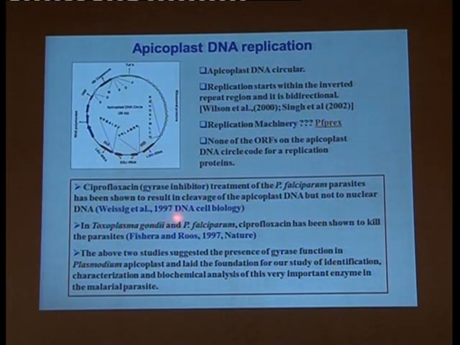Not only that, they also showed that with ciprofloxacin, only the apicoplast DNA is cleaved without touching the nuclear DNA. So that suggested there could be gyrase homologs in these parasites.